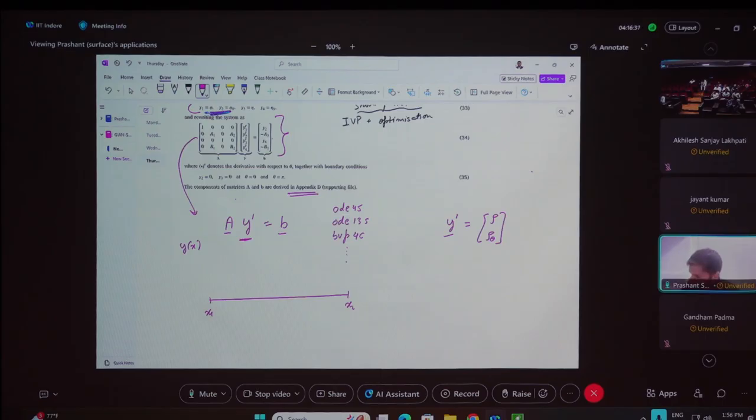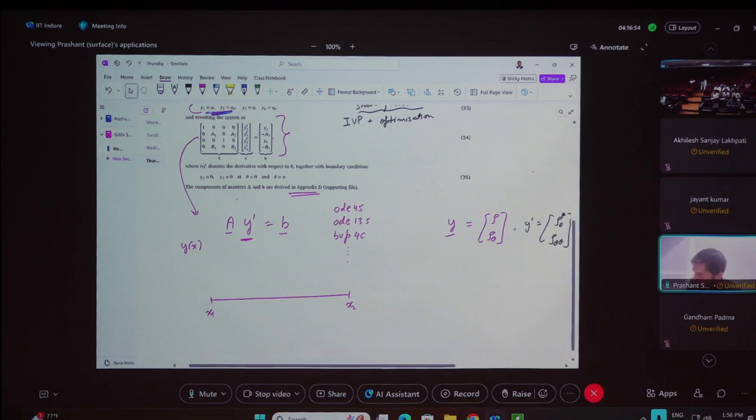So this is the vector y, and the vector y prime would have something like rho theta and rho double theta, because it's just a derivative of that vector.